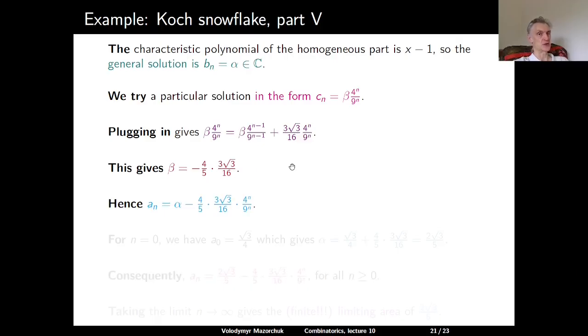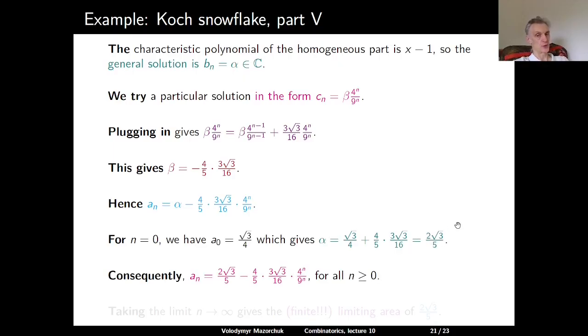And so the general solution for a_n is alpha minus 4 divided by 5 times 3 square root of 3 divided by 16 times 4 divided by 9 to the power n. For n is equal to 0, we get that a_0 is equal to the square root of 3 divided by 4. And this gives us that alpha is equal to 2 times square root of 3 divided by 5.